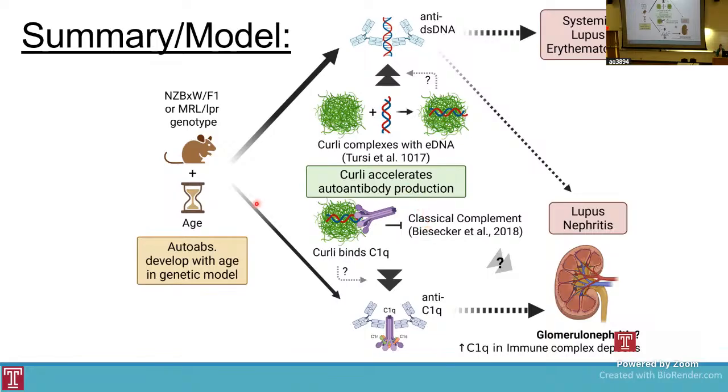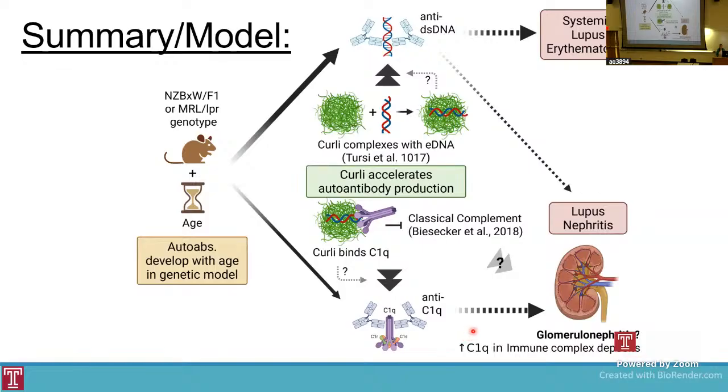But with the anti-C1q antibodies, it seems like despite them already getting an elevated level just from genetics, Curly is further increasing this anti-C1q response. It is also associated with higher levels of anti-C1q in the immune complexes.